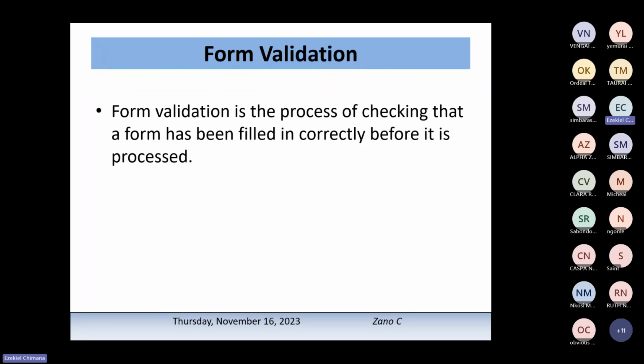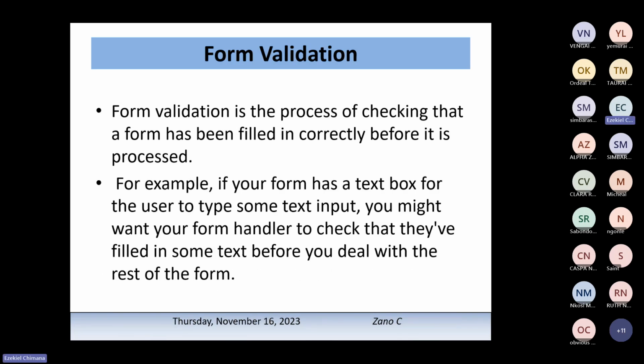If so, then I can process it. But it's also a process to check if the data is valid for it to be processed. For example, if your form has a text box for the user to type some text input, you might want your form handler to check that they have filled in some text before you deal with the rest of the form.